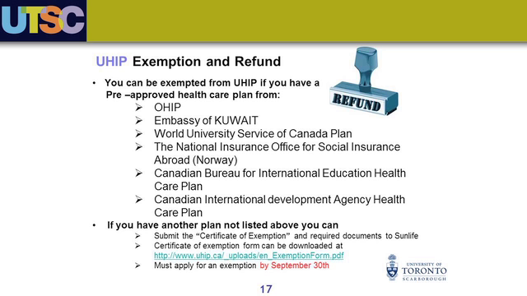But if you have some other insurance that covers you here in Canada but does not fall into the pre-approved list, you may still apply for exemption, but you need to submit the certificate of exemption and required documents to Sun Life yourself. The certificate of exemption form can be downloaded at the UHIP.ca website, and you must apply for an exemption by September 30th.